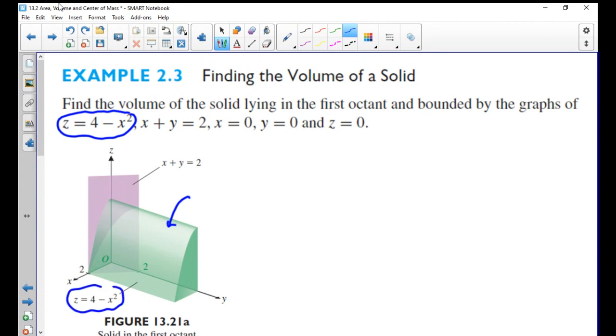Z equal 4 minus x squared is like a parabola coming down. So it's this one, and then x plus y equal 2 is this purple plane, which goes from this point 2 to this point 2, like this.